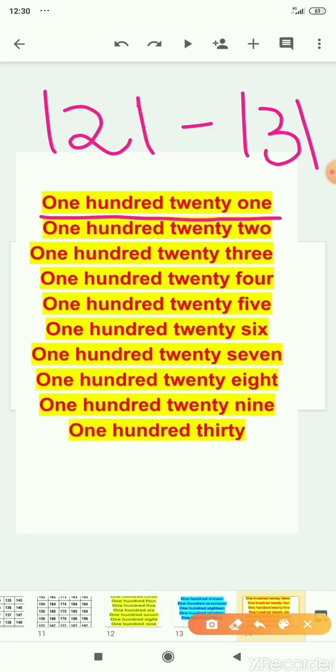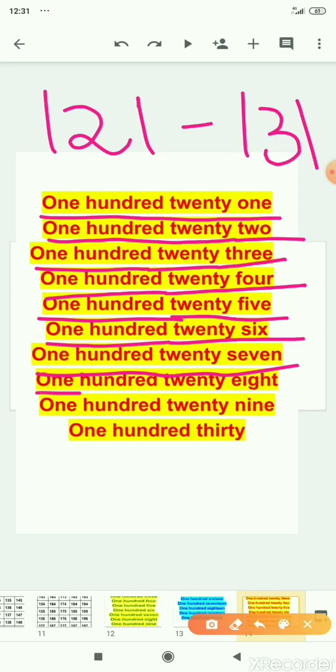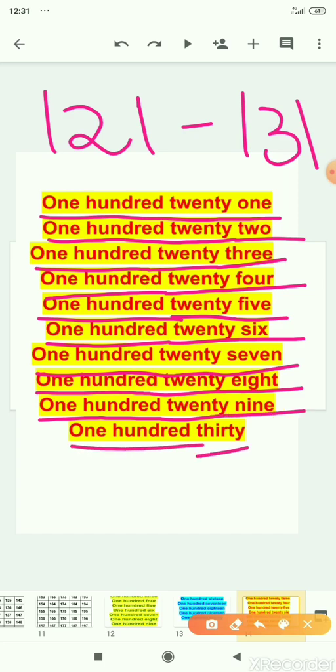Again 122, 123, 124, 125, 126, 127, 128, 129, 130.